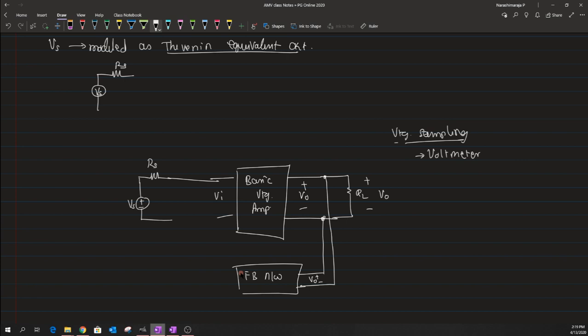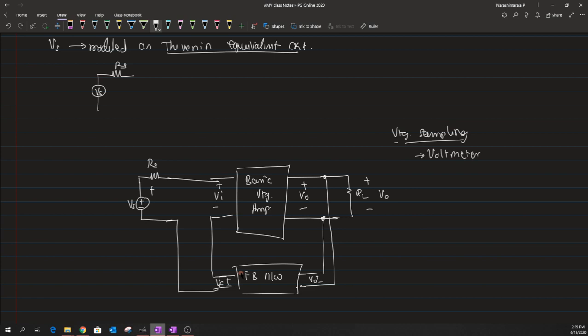So now I have to mix this feedback network's output, and the output of this will also be in terms of a voltage. Let me label that voltage as Vf. Now this has to be fed along with this Vi in this particular way.